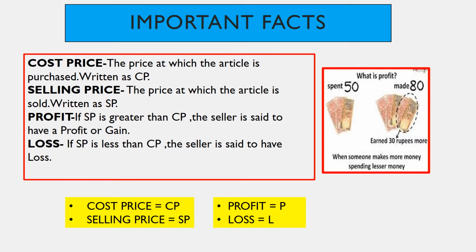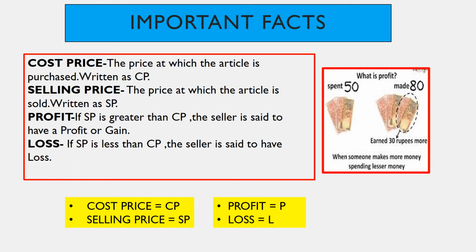To understand cost price, selling price, profit and loss, let us talk about a departmental store. Suppose a man buys some goods from the wholesaler. Wholesaler means where the articles are sold in large amounts, right? He sells the goods to the customer.